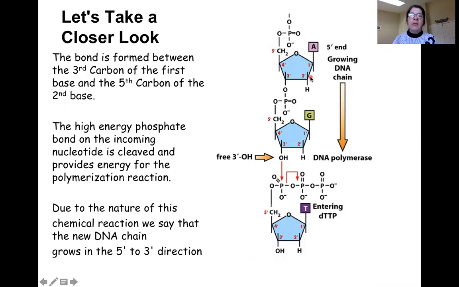Okay. So in this model, you see 2 nucleotides already linked, and a 3rd one is coming in. So let's look at this one right here. On the 1st carbon of the sugar, that's where the base is attached. Here's a G, here's an A. On the 5th carbon of the sugar, we have a phosphate group. On the 3rd carbon of the sugar, we have a hydroxyl group.